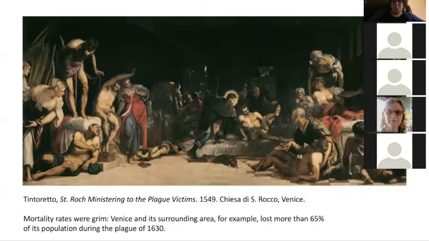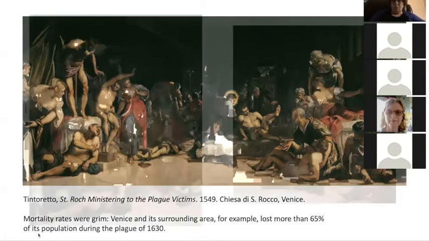We see all throes of it, and I think I haven't stopped to point this out, but the mortality rates were pretty severe, even though this figure is from a later outbreak. Typically, especially in Italy, because of all the ports, 50 to 65%. Their mortality rates were exceedingly grim.